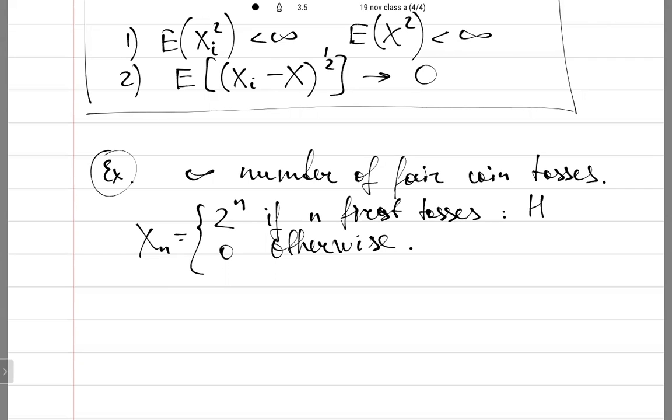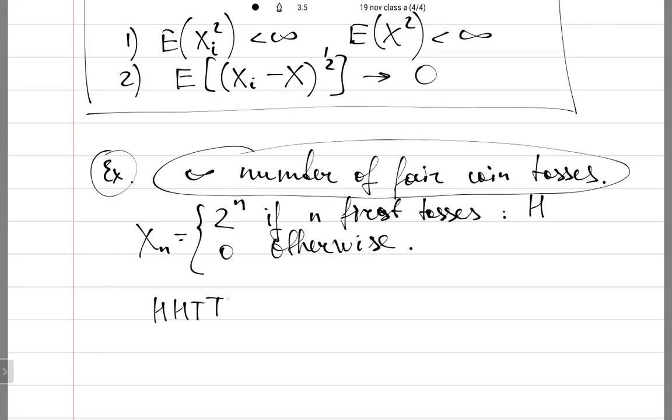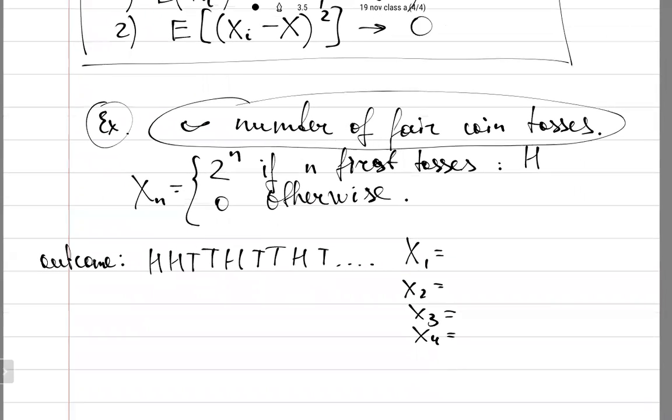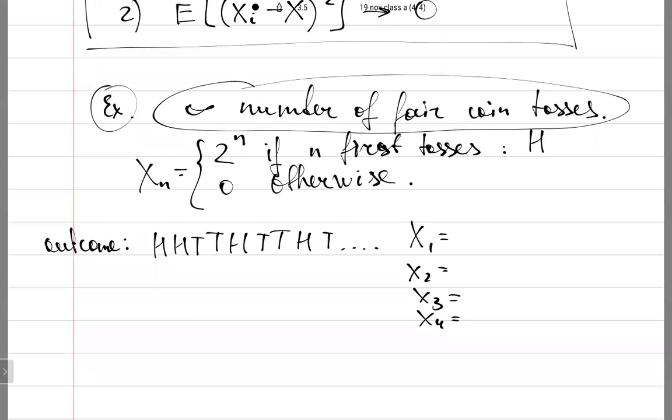Okay, so we have a lot of random variables. We have one experiment. We throw a fair coin an infinite number of times. And imagine you have something like head, head, tail, tail, head, tail, tail, head, tail, and so on. This is the outcome of our experiment. For this particular outcome, what is the value of x1?